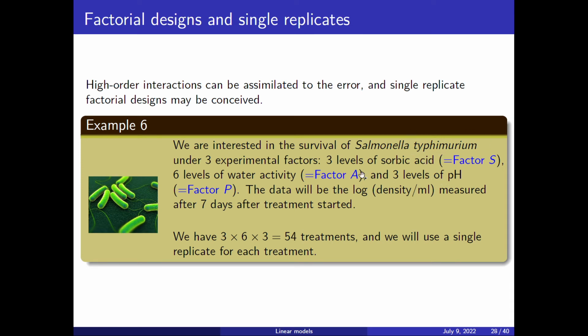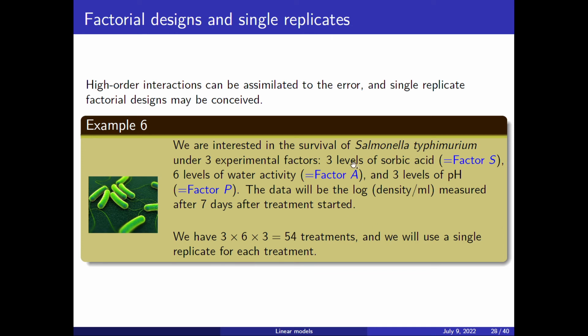So one is 3 levels of sorbic acid, the other one is 6 levels of water activity, so this is how much humidity you have in there, and 3 levels of pH. So you have these 3 factors, and then what you will measure will be the logarithm of the density measured after 7 days of the treatment.